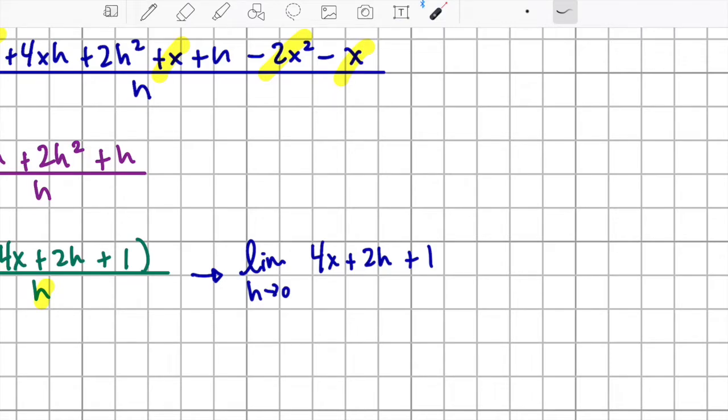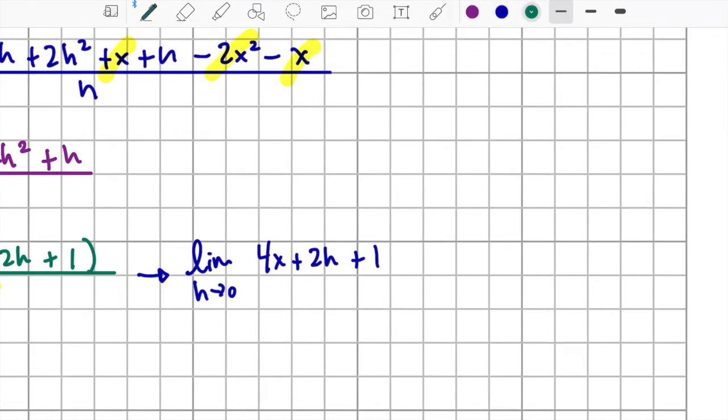I saw this the other day: you plug the 0 into h, not x, because h is approaching 0. So if I plug it into h, you don't need the limit sign anymore, so it'll be 4x plus 2 times 0 plus 1. And if I simplify that, that just leaves me with 4x plus 1.